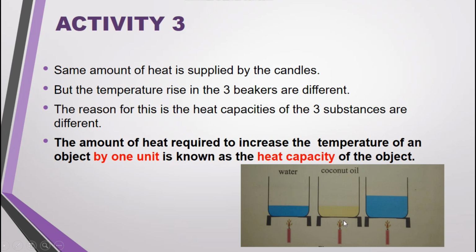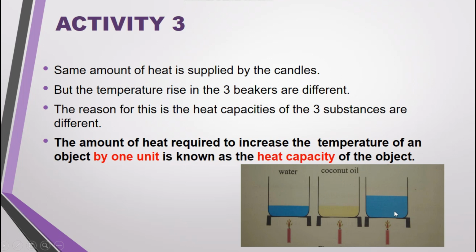After some time, we use 3 thermometers to look at the temperature change in these 3 systems. What happens? In coconut oil, the temperature starts to increase fast, and next in the water with the smaller amount, and after that in the water with double the amount.